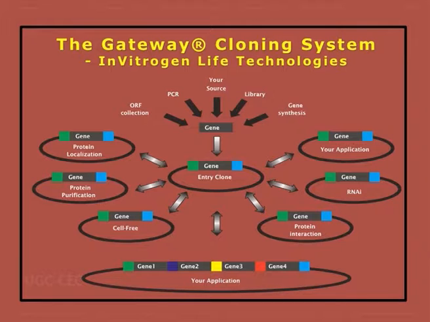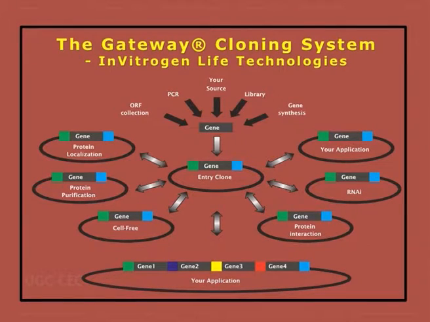Second, it maintains the reading frame. Third, no restriction enzymes or ligase enzymes are required. It is done just with the help of the recombination events occurring inside the host cell. So, recombinase enzymes carry out the process of gateway cloning.